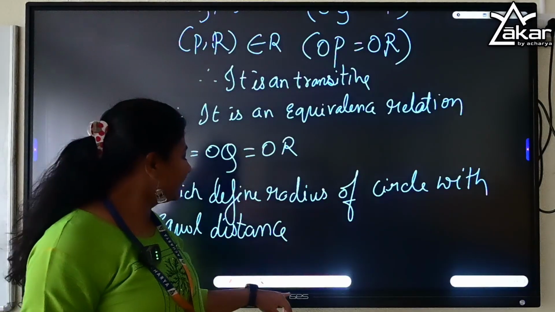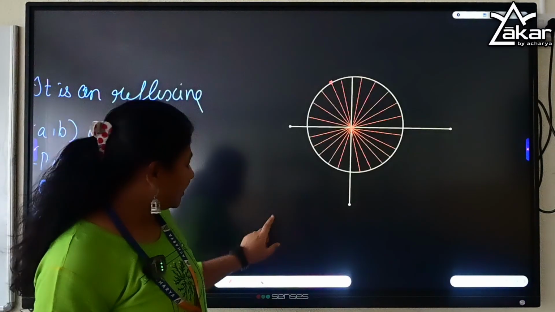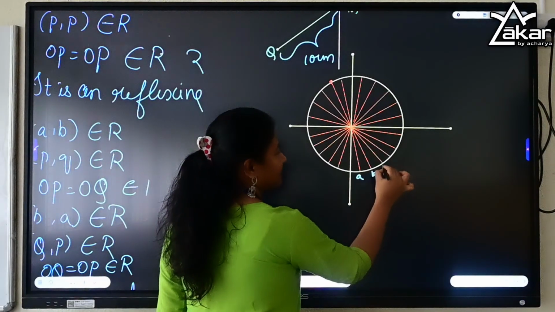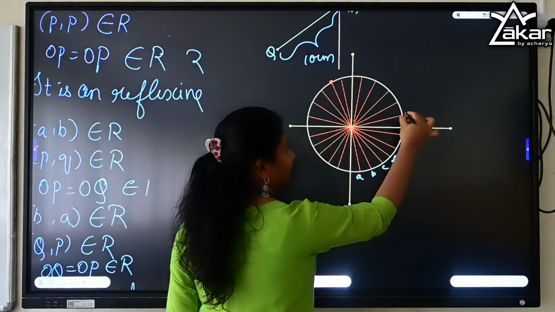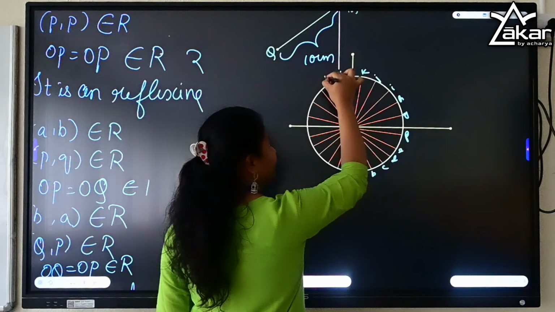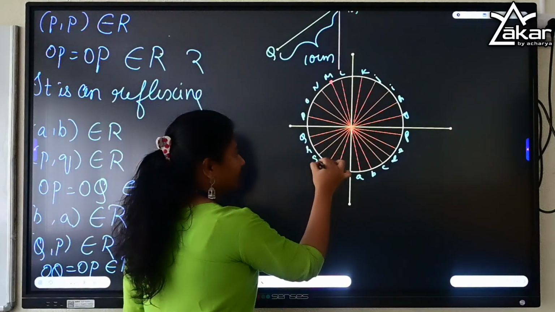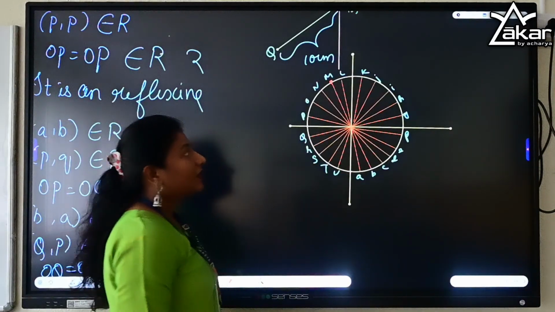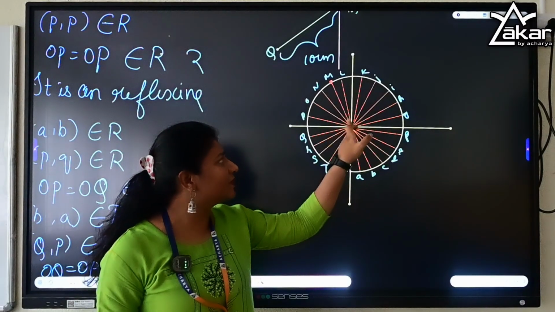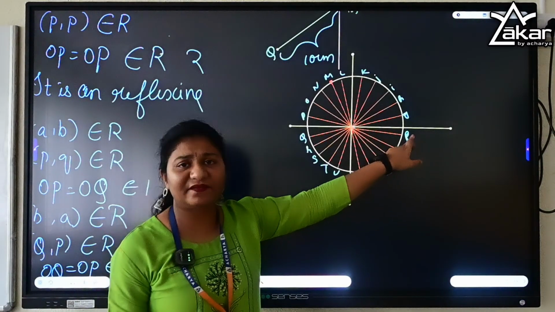You can take any point. Let us take some points here, A, B, C, D, E, F, up to U. If I take point E, from the origin to E there is an equal distance with OF also.